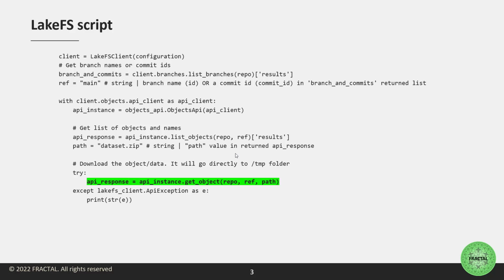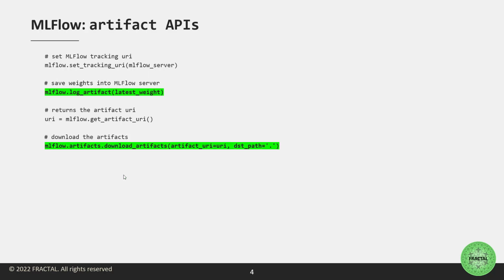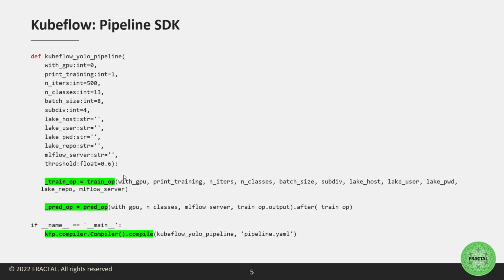This one is the LakeFS script, which is basically getting the data using this API. This one is the MLflow, which is simpler and allows to connect to the MLflow server and to get and store the information. And this is the kubeflow pipeline SDK, but we will describe it later in more details.